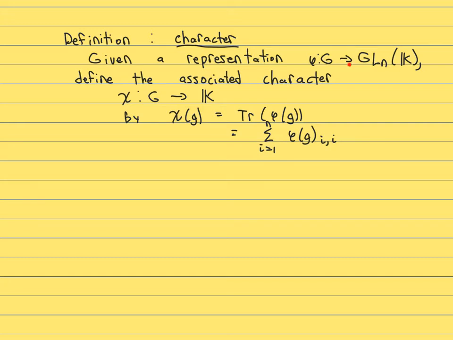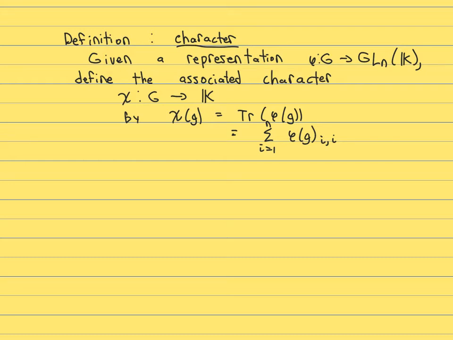Right now it seems like it depends on the basis, because you need an actual matrix representation. But we'll see in a moment that isomorphic representations are going to have the same character. And so characters are defined up to equivalence.